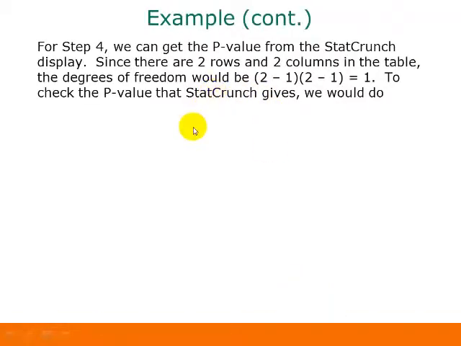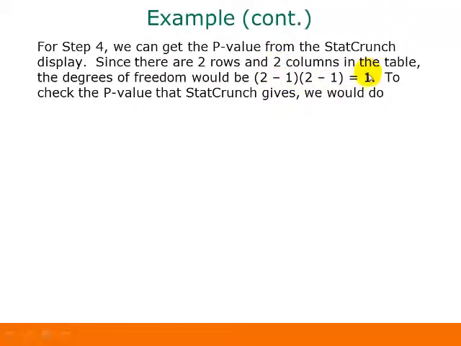So for step 4, we can get the p-value from the StatCrunch display since it does it automatically anyway. If we wanted to calculate it by hand, we'd have to find the degrees of freedom to use our chi-squared distribution. So the degrees of freedom for this would be the number of rows minus 1 times the number of columns minus 1. Since there were 2 rows and 2 columns, we'd end up with 1 times 1, which is 1.